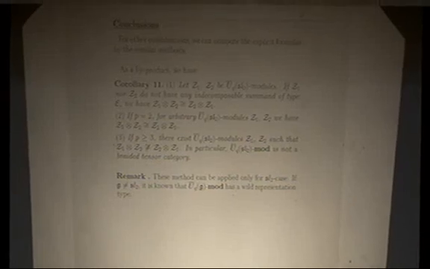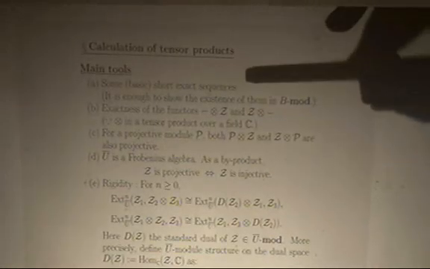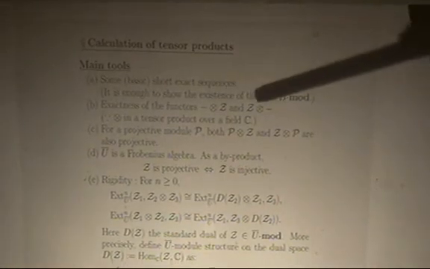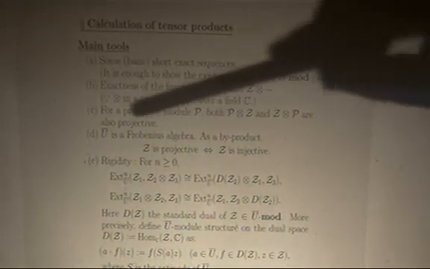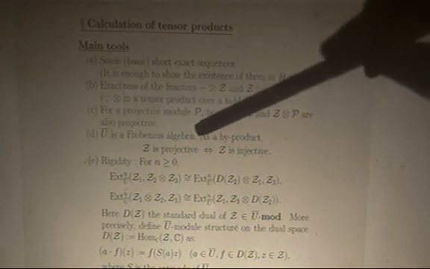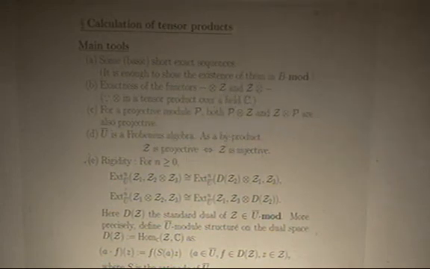For other combinations, we can compute the explicit formula by a similar method by using five main tools, namely some basic short exact sequences and exactness of tensor functors, and U-bar Frobenius algebras, and rigidity of our categories.